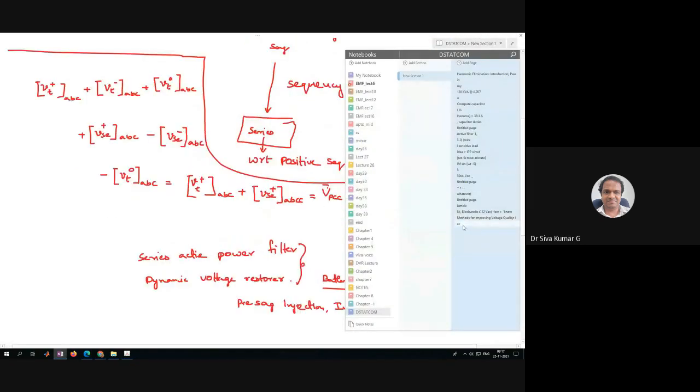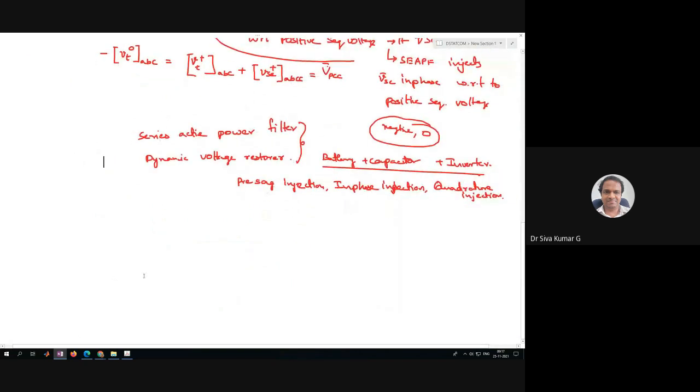Why are we going for a pre-sag voltage? For that, I'll give a clarification. See, there is the pre-sag voltage, and you know about the sag voltage.